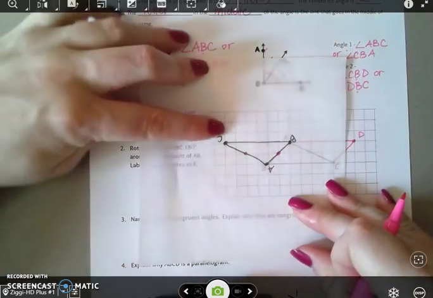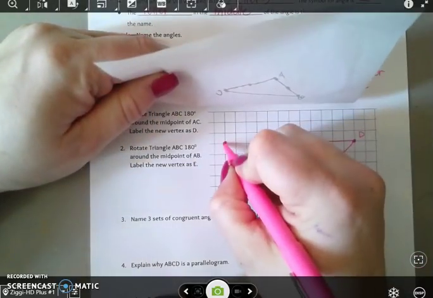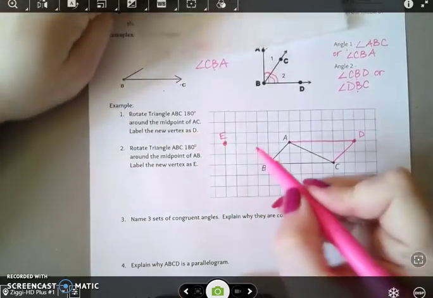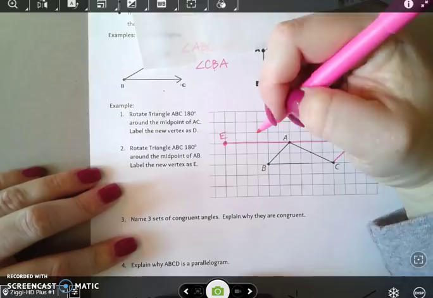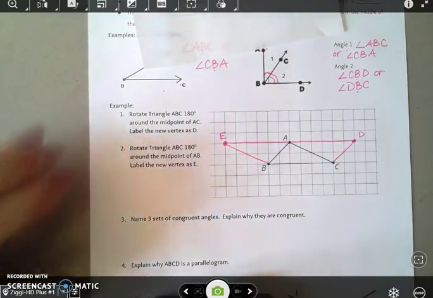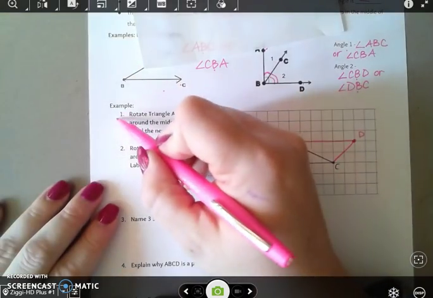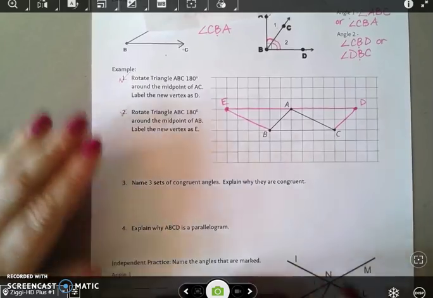And I need to label the new vertex, where C is, as E. And then connect our shape. So the 1 and 2 are just requiring us to rotate it.